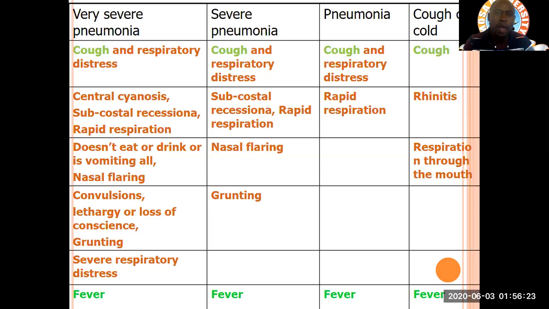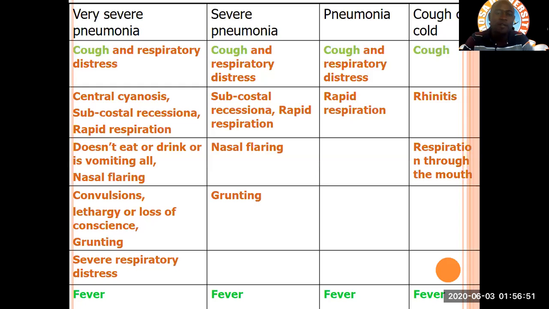Below there is a table that differentiates very severe pneumonia, pneumonia with cough, and the common cold. In very severe pneumonia, there will be cough and respiratory distress. Also, there is central cyanosis with subcostal recession. There will be tachypnea, which is rapid respiration.